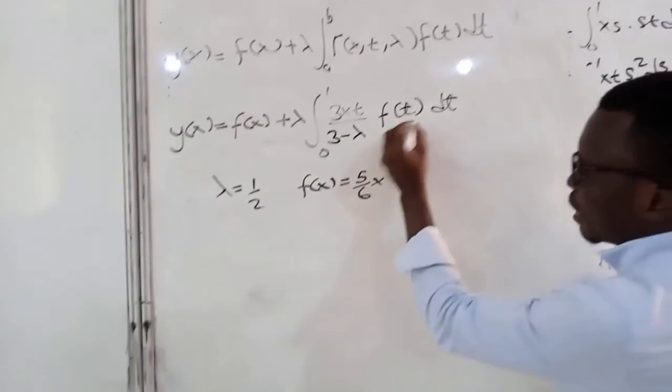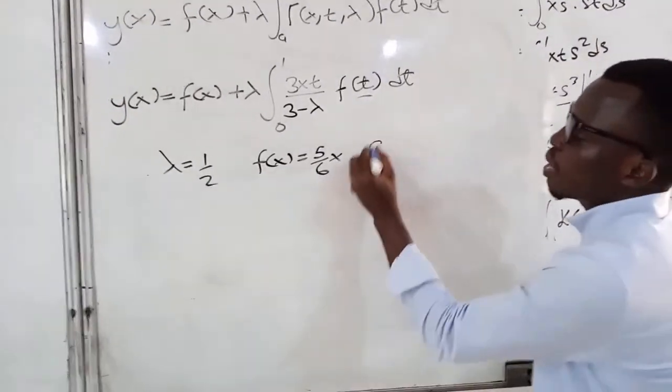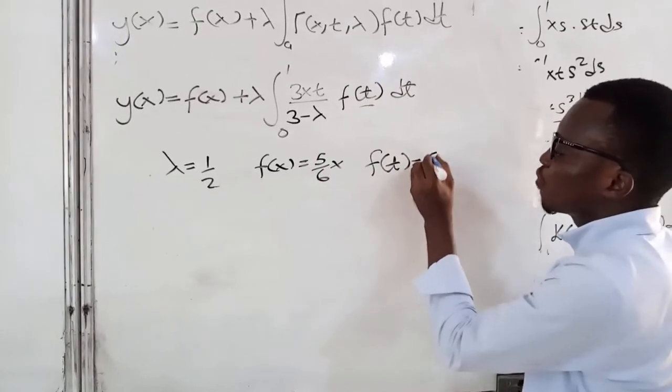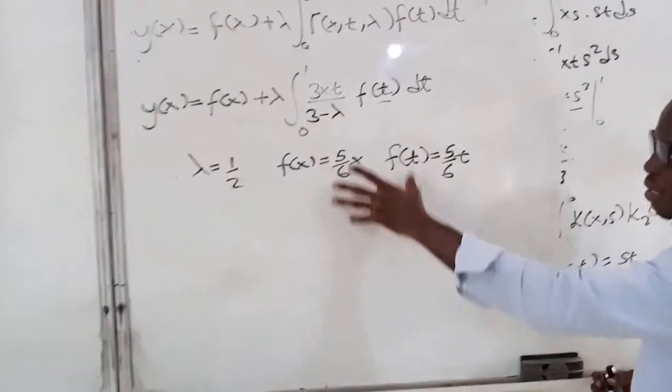Now we have f of t here, so let's change this s to t. I'm going to have f of t equal to 5 over 6 t. Now let's substitute these into the equation.